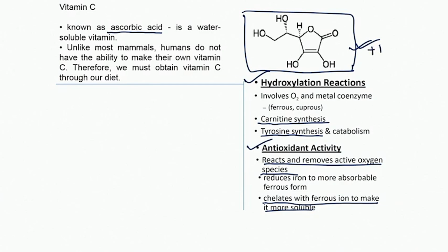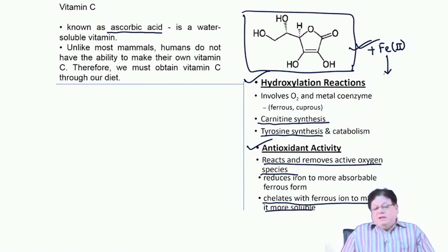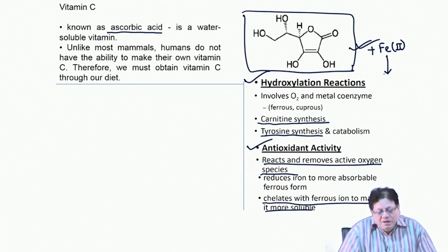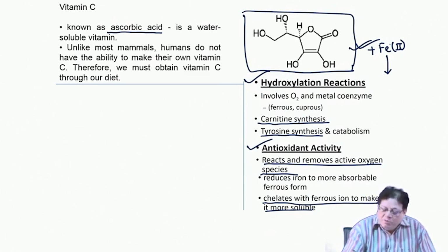Now, ferrous has a very strong tendency to go into the ferric state in the presence of oxygen, and this hydroxylation is carried out by oxygen. So, in the presence of oxygen, there will be a strong urge for the ferrous to go into the ferric state.